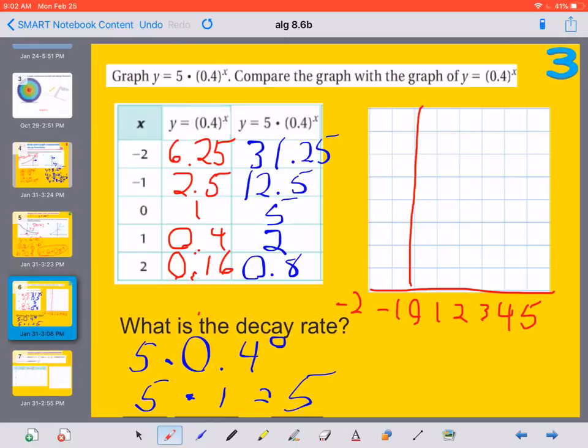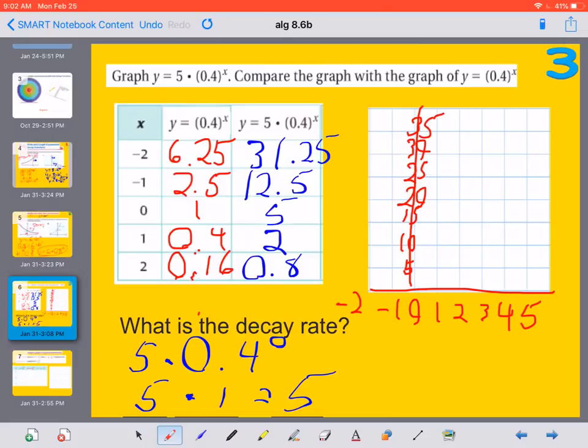So then if we go up, looks like our highest number is 31.25. So I'm going to go up by 5. So I'm going to go 5, 10, 15, 20, 25, 30, and 35.